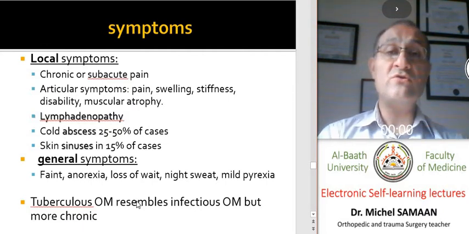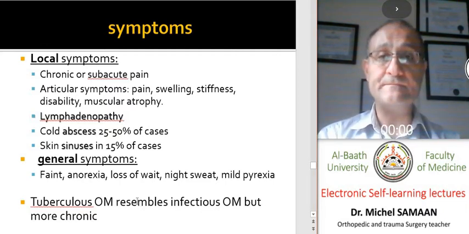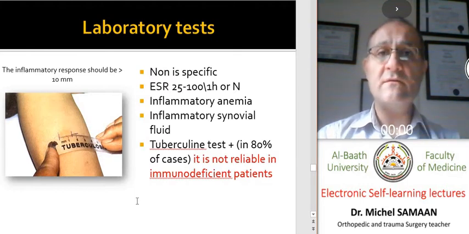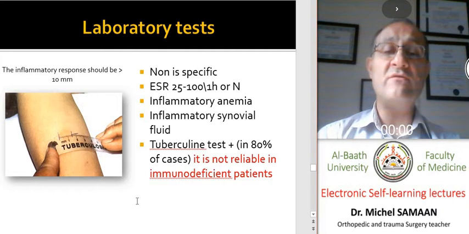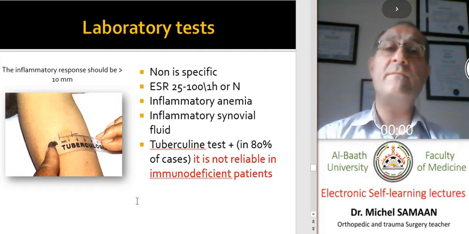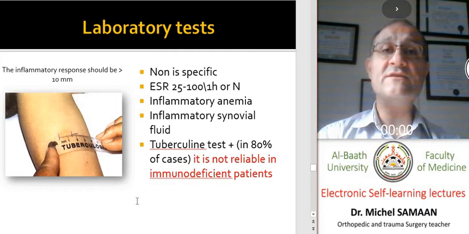Usually, tuberculous osteomyelitis resembles chronic osteomyelitis, but it is usually more chronic. Laboratory tests are not specific. We see a mild elevation of ESR, a mild elevation of white blood count with a mild increase of lymphocytes, and inflammatory anemia because it's a chronic situation, and aspiration of inflammatory synovial fluid.